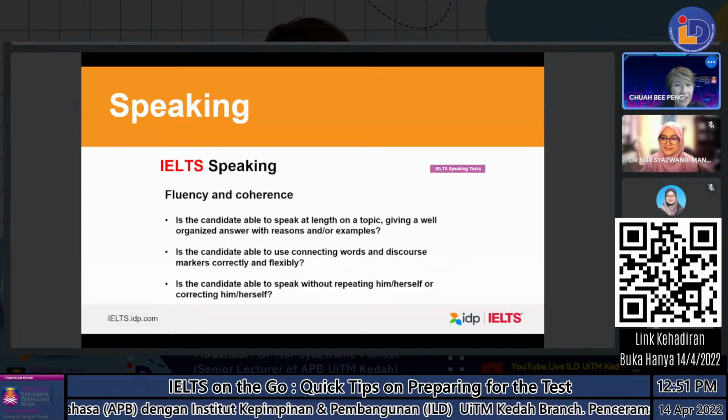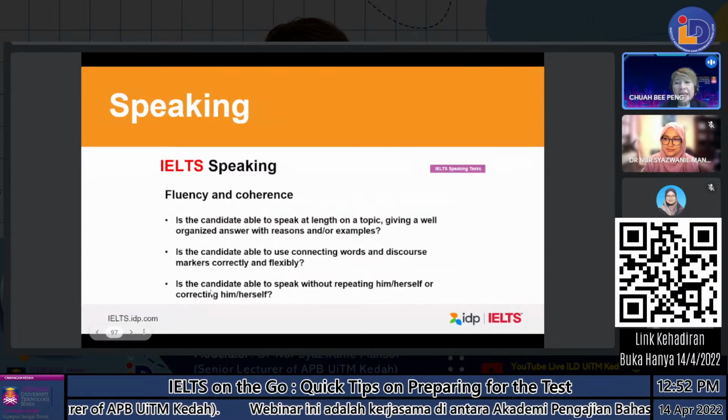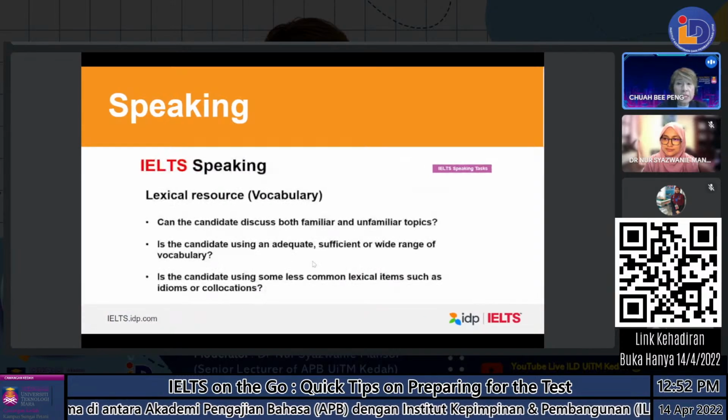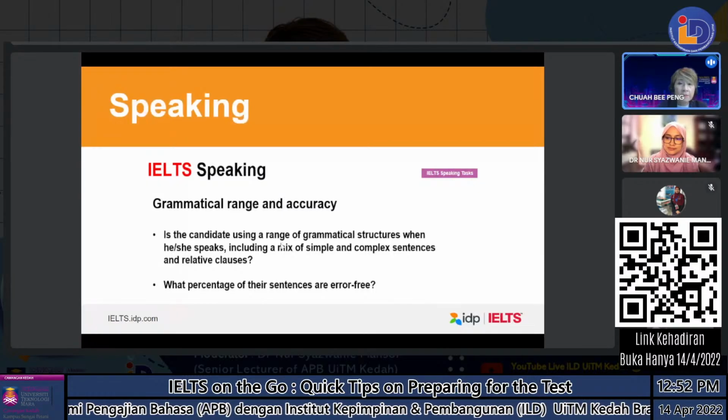Understand? And also try to minimize words like "like". I know that these days people like to use "like", but the test doesn't really like too many likes, especially the meaningless likes. Is the candidate able to speak without repeating himself or herself or correcting himself or herself? So those are the things that will be assessed.